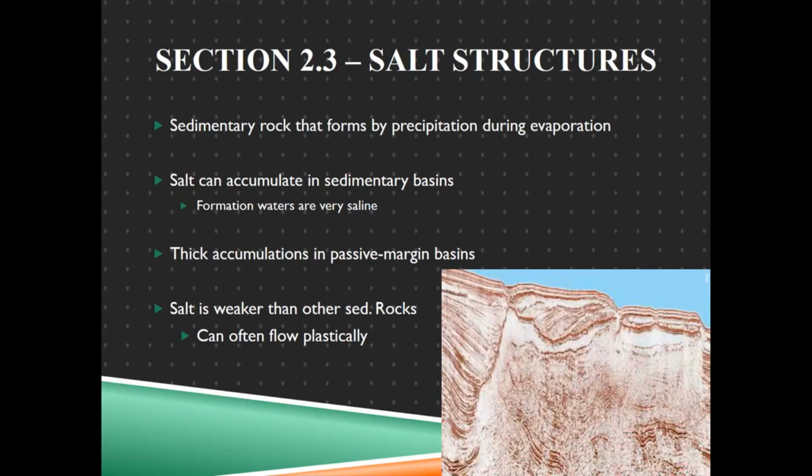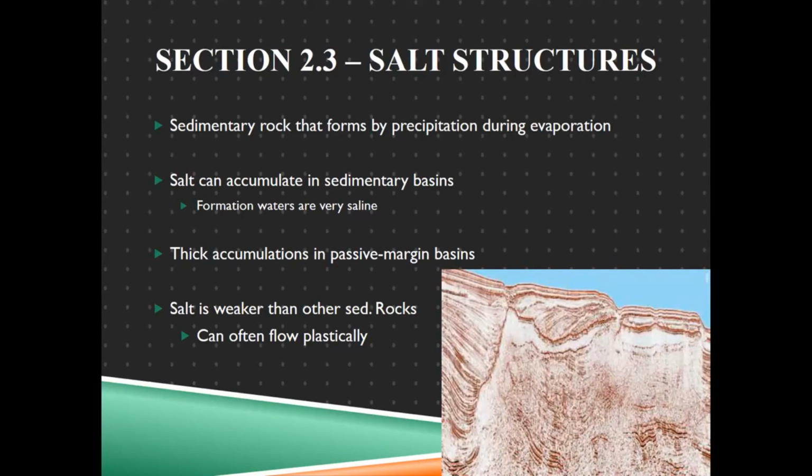Now, salt is a sedimentary rock that forms from precipitation that happens due to water evaporating. It's like if you have water in a pan on the stove and you pour some salt into it, it all dissolves in the water, so you have salt water in your pan, and then you boil all that water off.